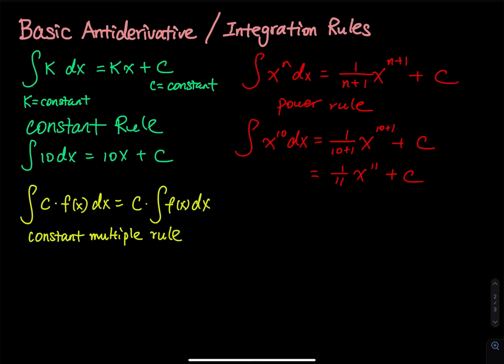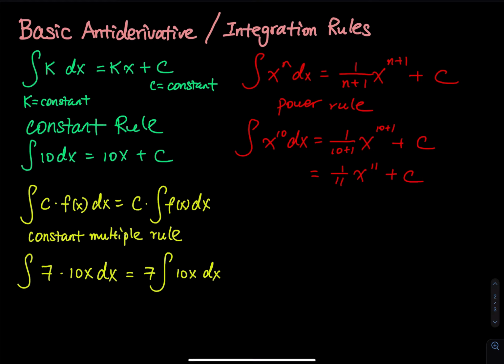One quick example: let's say we have an integral of 7 times 10 times x dx. You can pull the 7 out, and then you have 10 times x with respect to x.